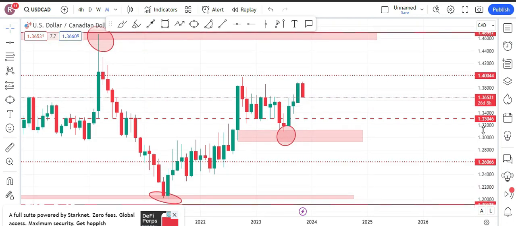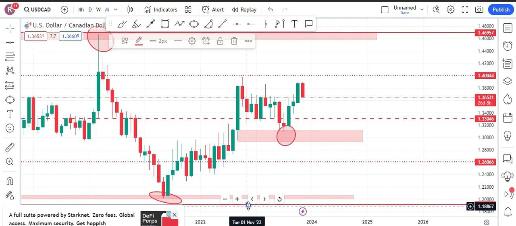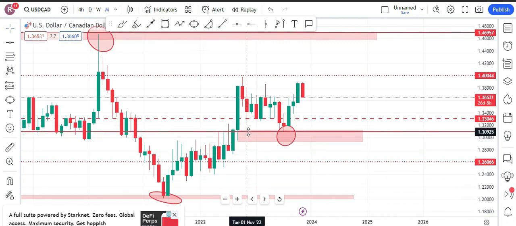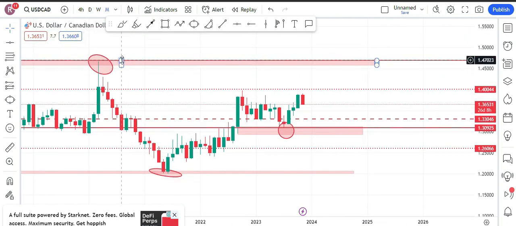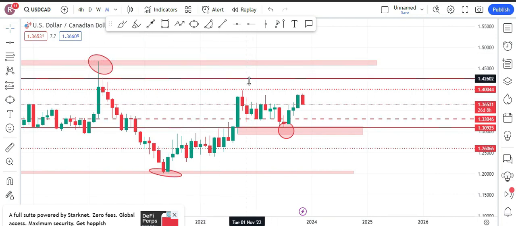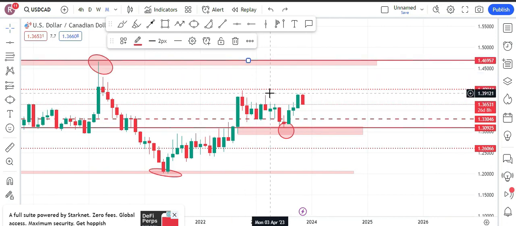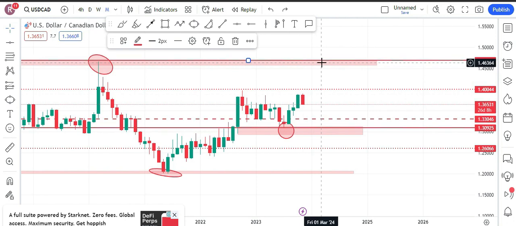So that's it for us in the month range. We would like to narrow down our monthly time frame, no, I beg your pardon, we cannot narrow down this one as there is no double top. So this double bottom in the month has created this. We don't know whether it will be a double top or it will move upward.